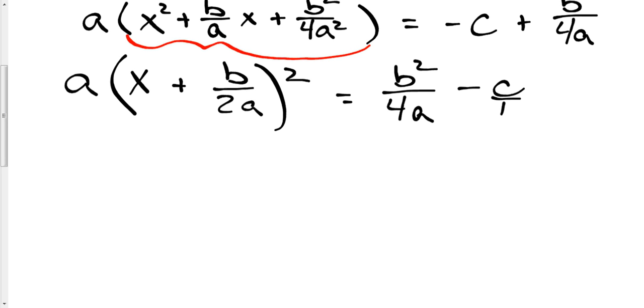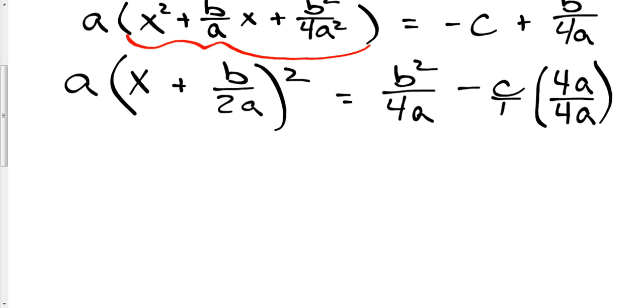What's going to be my common denominator? 4a. So what do I multiply this by to get that common denominator? 4a over 4a.